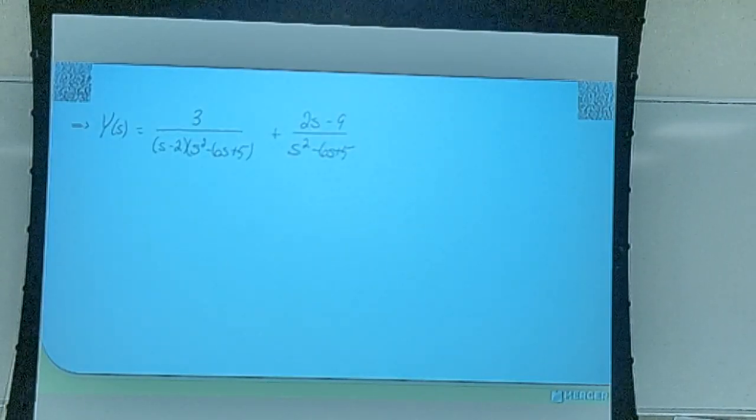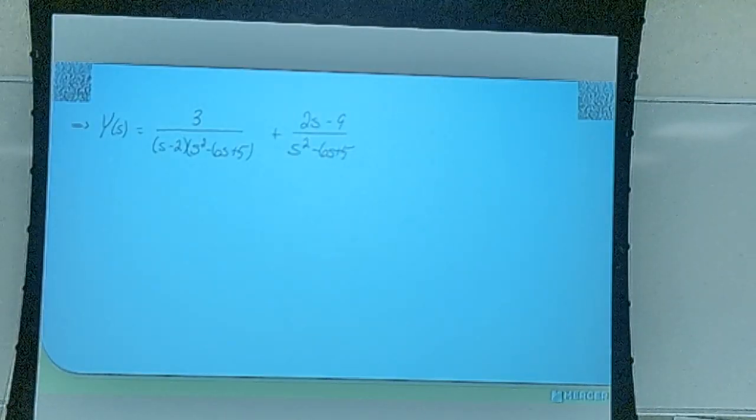Instead of trying to write it as one single fraction, I'm going to keep it as two. That is what big Y equals.